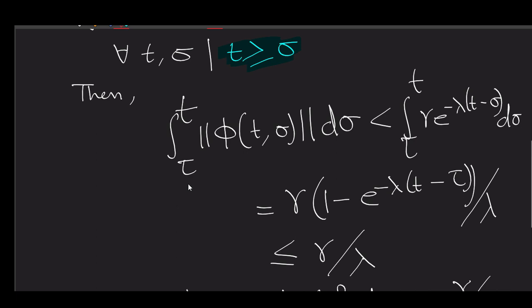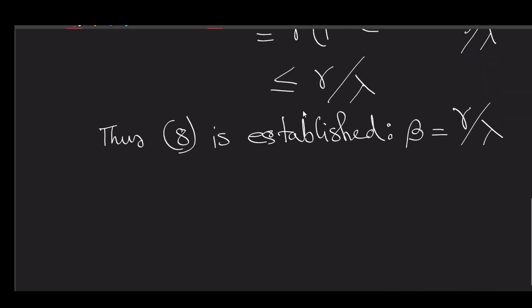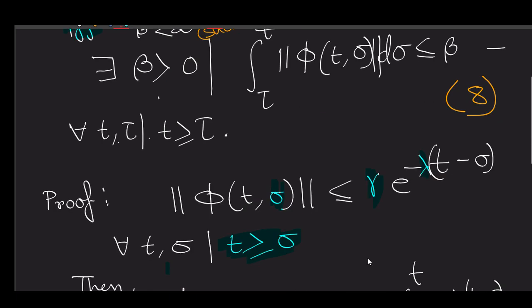Now for the integration from tau to t, this will be less than or equal to this one. Here I have made a mistake. Less than or equal to this one. So if you do this integration, you will get gamma by lambda. Therefore we can establish equation 8. What is equation 8?